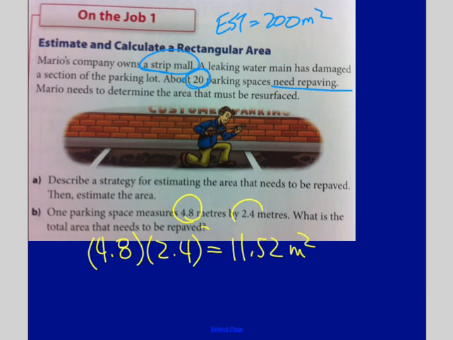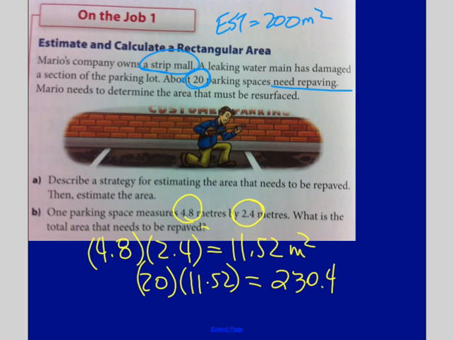So the actual measurement of one parking spot is 11.52 square meters. If there's 20 of them, I'm going to multiply by 11.52, and that multiplies out to 230.4 square meters.